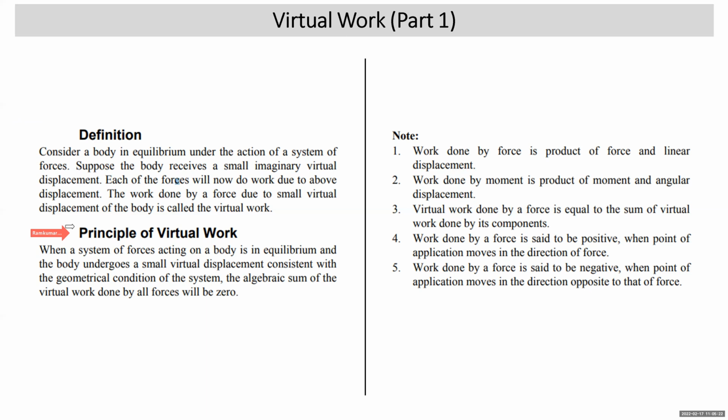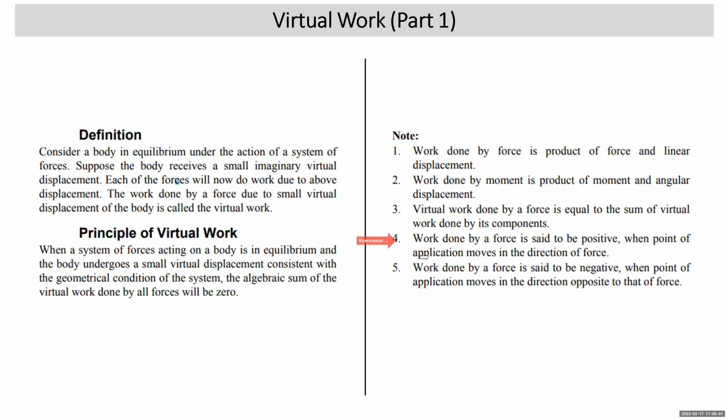Now there are certain notes which you should remember. What is work done by a force? Work done by a force is force into linear displacement. What is work done by a moment? Work done by a moment is moment into angular displacement. Virtual work done by an inclined force is equal to the sum of the work done by its two components.